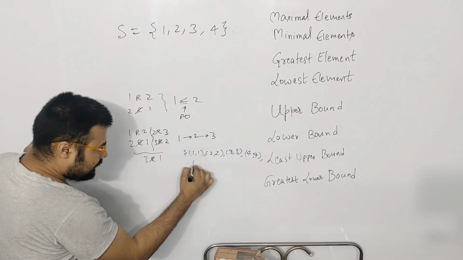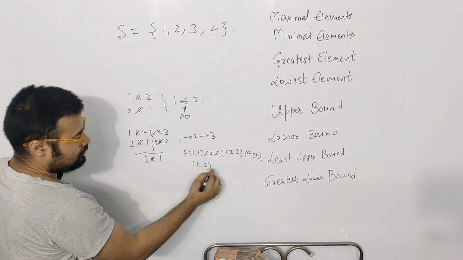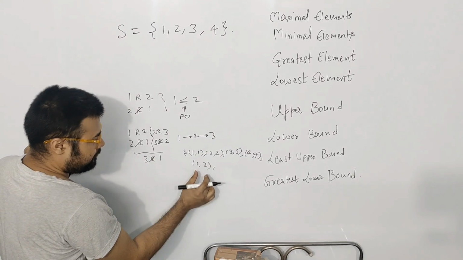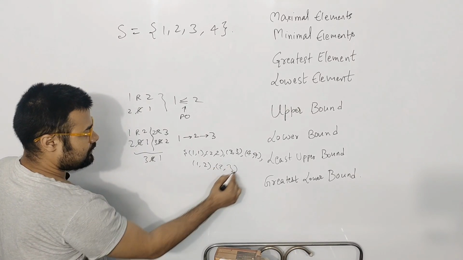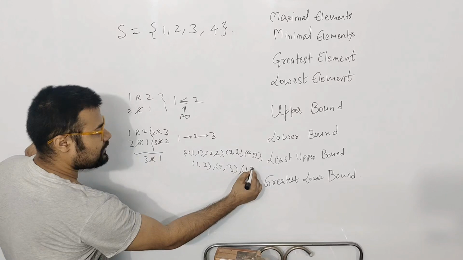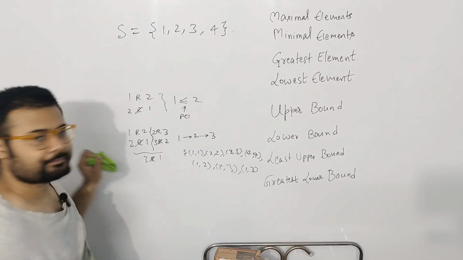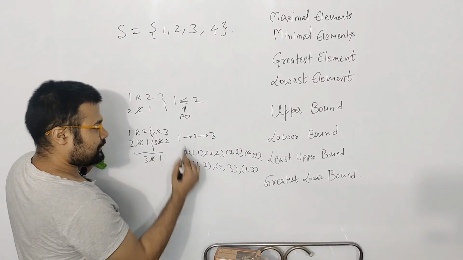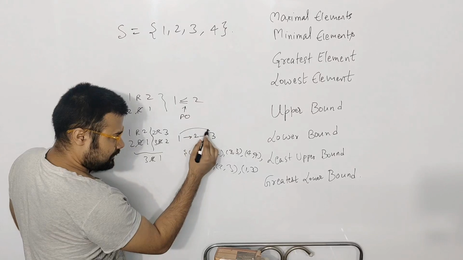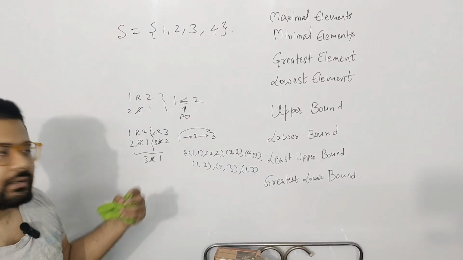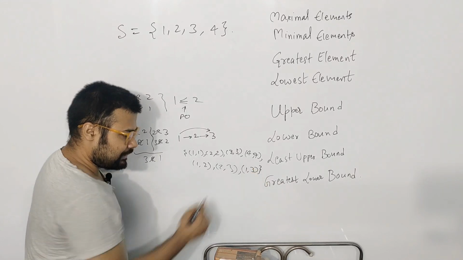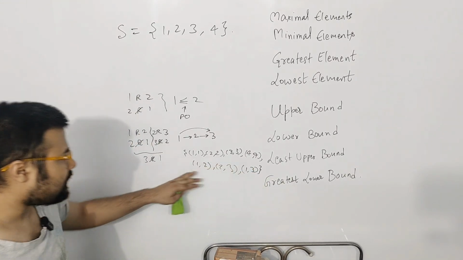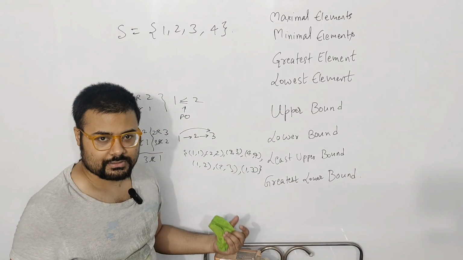But now, if (1, 2) and (2, 3) are in your partial order set, then (1, 3) will also be your ordered pair because of transitivity. So this is what you are getting. You are getting an order among the elements that are involved in the ordered pairs.